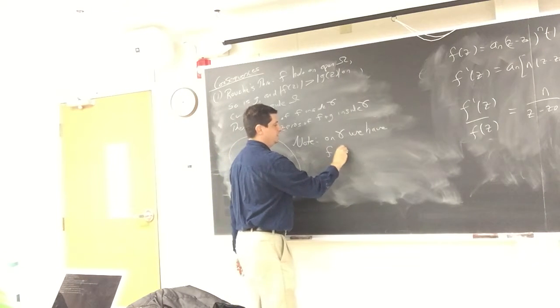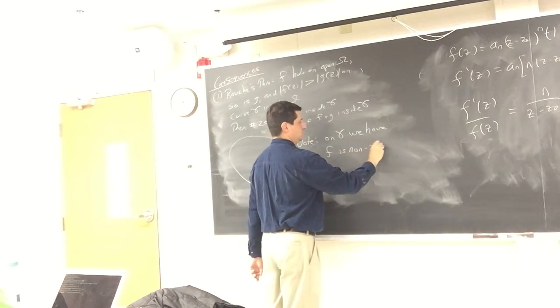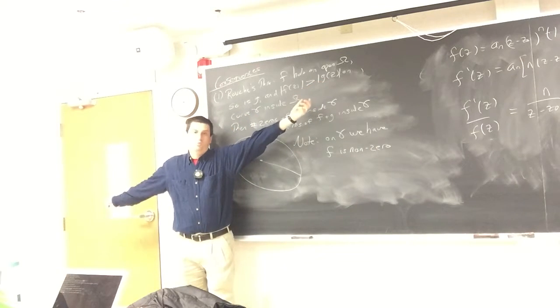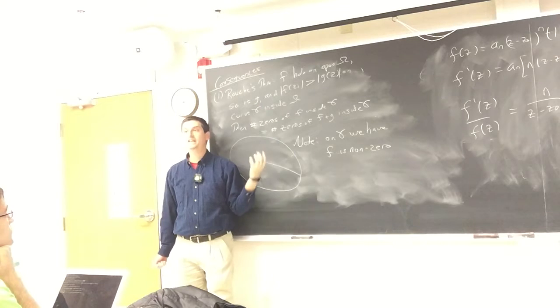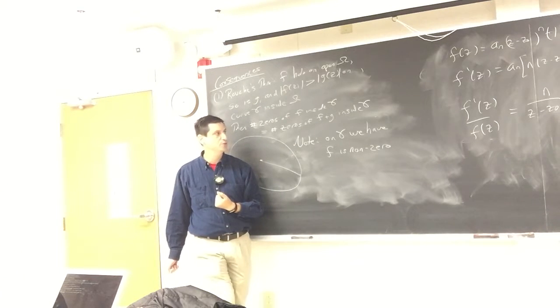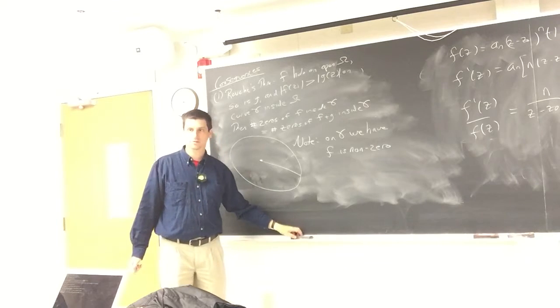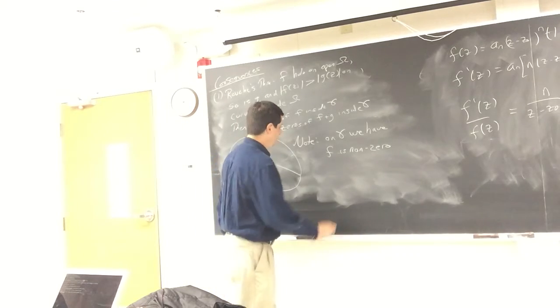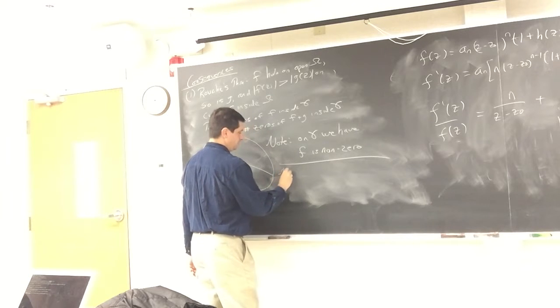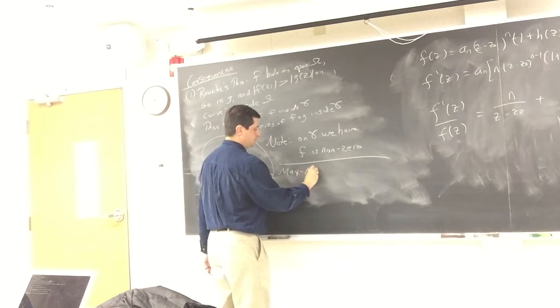So we have f is non-zero. Excellent. Because it's strictly greater than g of z in absolute value. The smallest g of z can be is 0, so f can't vanish on the boundary. So whenever we're applying this, we want to apply it in a situation where f is not 0.